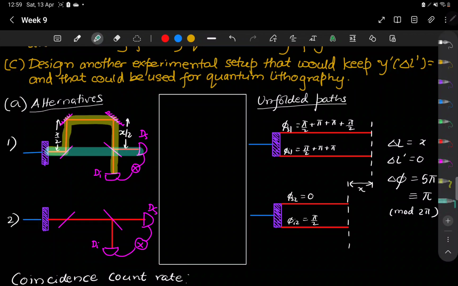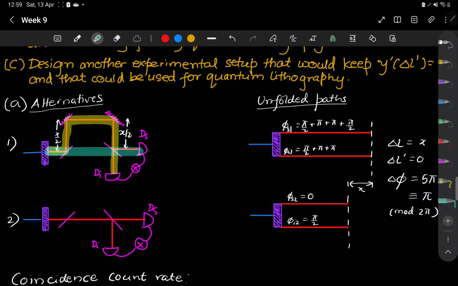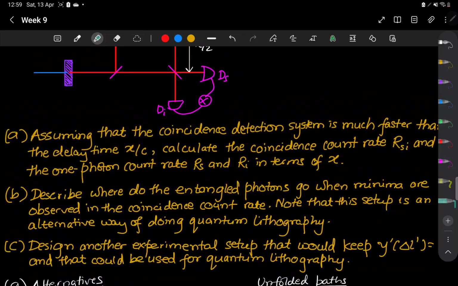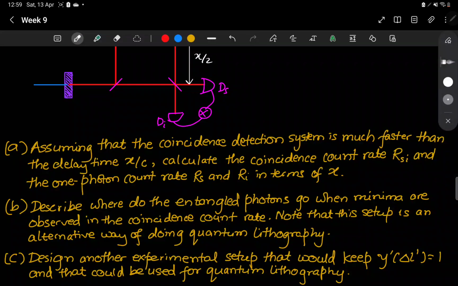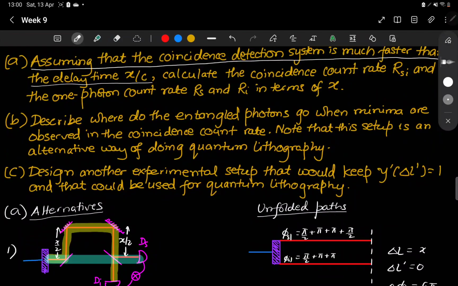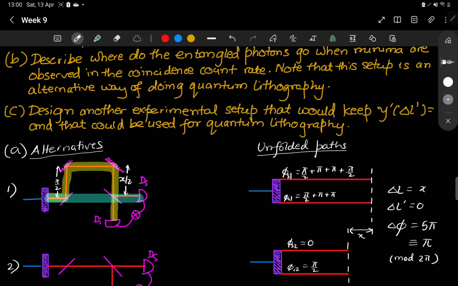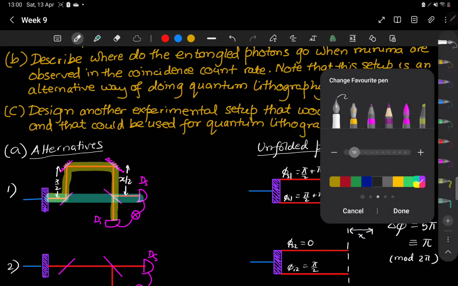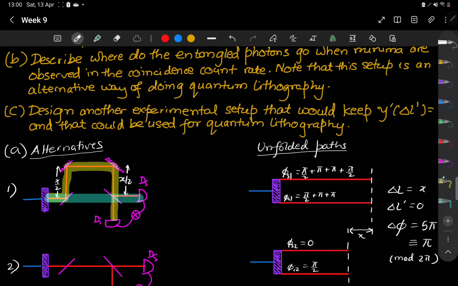That's a very valid question, and let me go back to this question and it will make it clear from this statement. The first statement is assuming that the coincidence detection system is much faster than the delay time x over c. So this is the reason why we are not considering. Why? Because in this case, this yellow highlighted path and this green path is there.